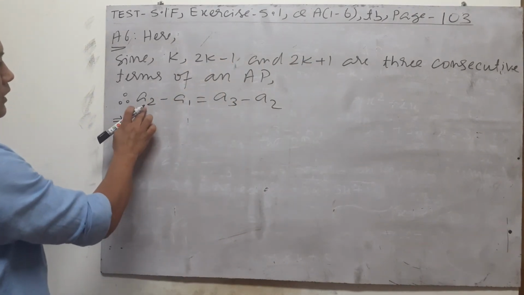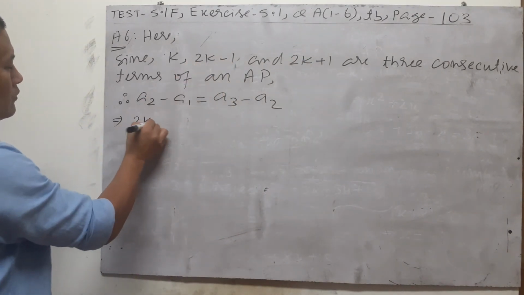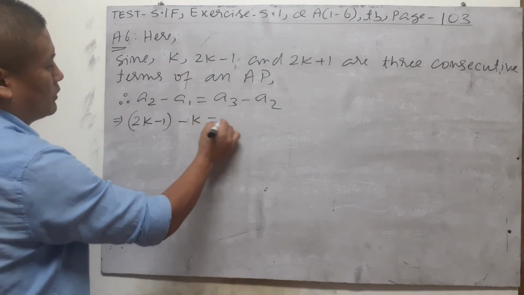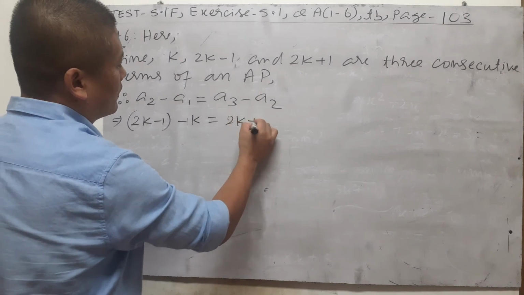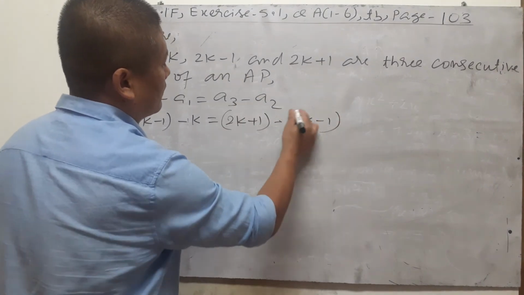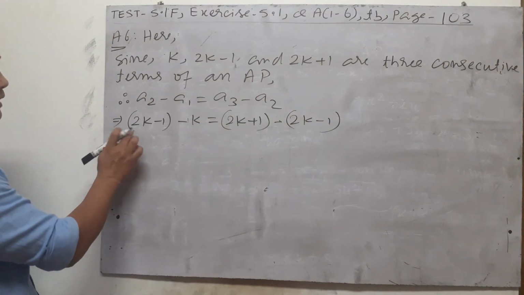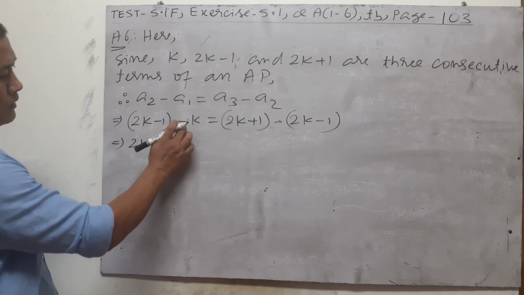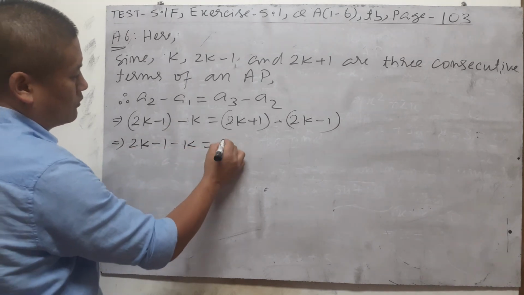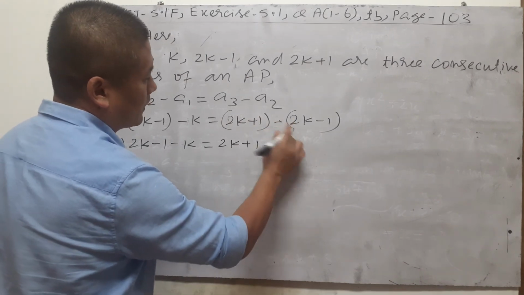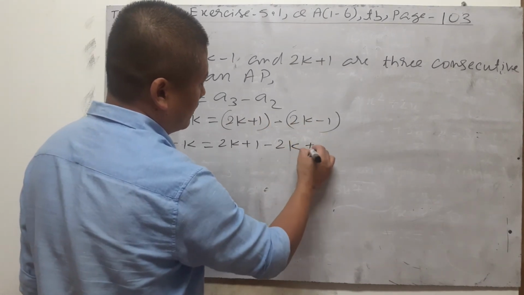It gives you A2 here, 2k minus 1 minus A1, this one k, will be equal to A3, 2k plus 1 minus A2, 2k minus 1, put in brackets for at least once. So plus into plus, or plus 2k minus 1 minus k equal to 2k plus 1, because plus is outside, and minus into plus, minus 2k, minus into minus, plus 1.